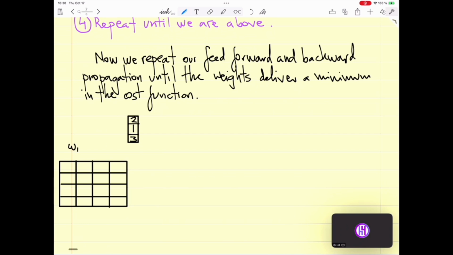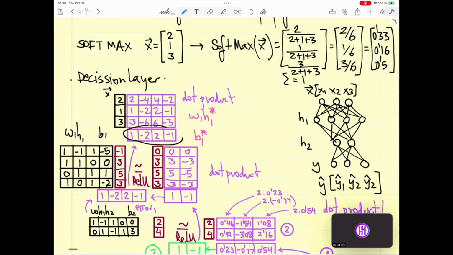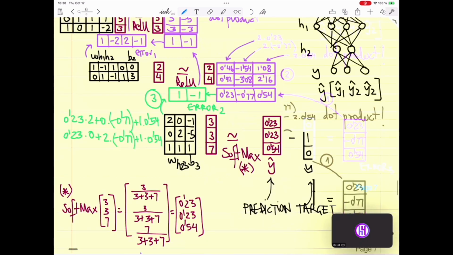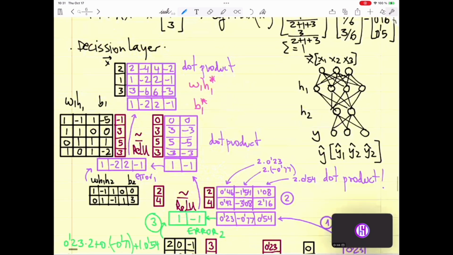This is the weight H1 star, and this is the B1 star. So this is going to be 1 minus 2, 2 minus 1, and this is going to be 2 minus 4, 4, 2.